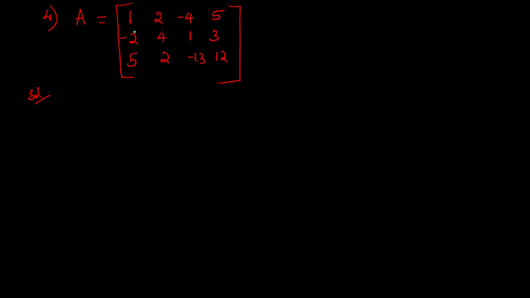Here the first element of the first row is 1. Therefore, we can write the first row as it is. Next step is to make all the elements below this one zeros. So use the row transformation.